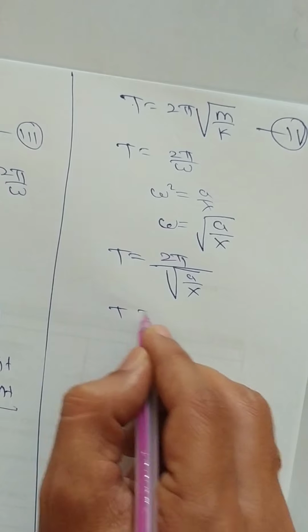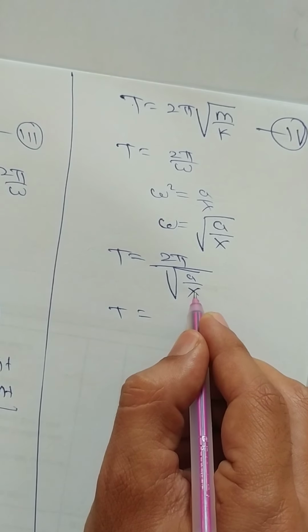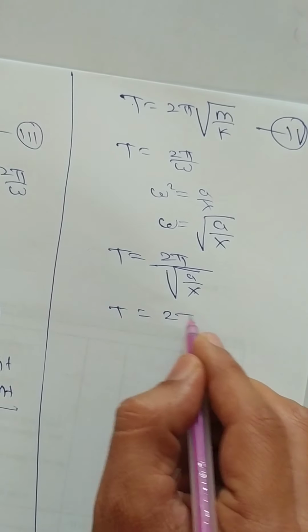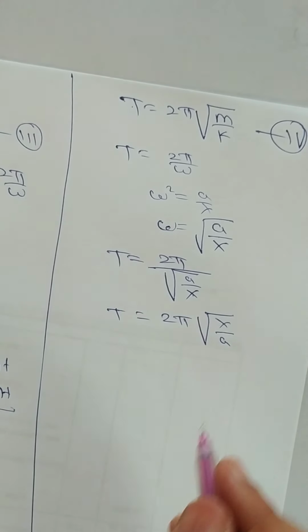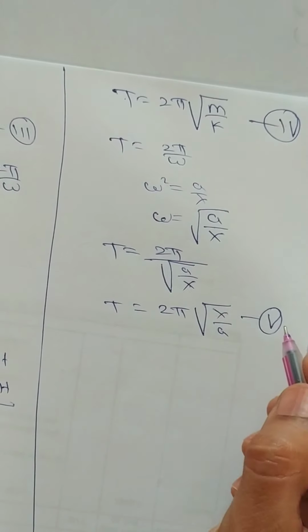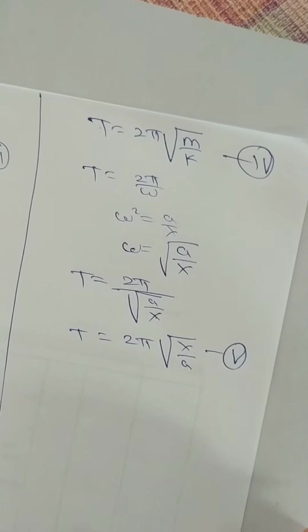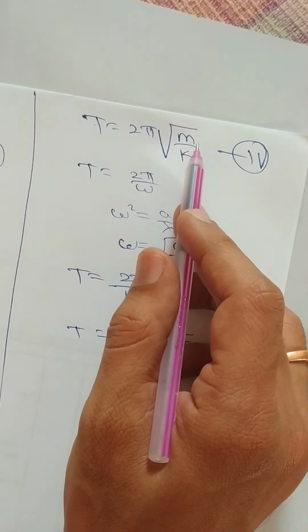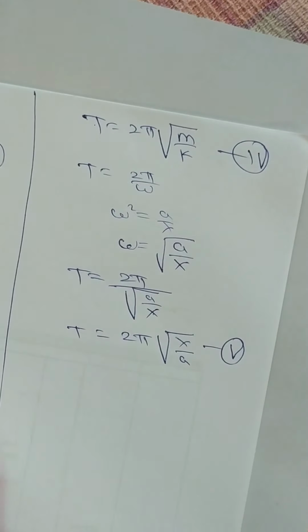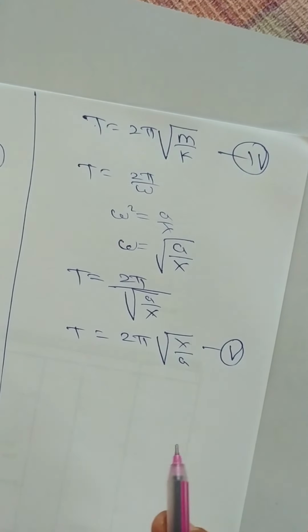Then this x will go to the numerator, so T is equal to 2 pi under root x upon a. Again this will be the equation of period of SHM. So we can say that the period of SHM is dependent upon mass, force constant, displacement and acceleration. So T is dependent upon these 4 parameters.